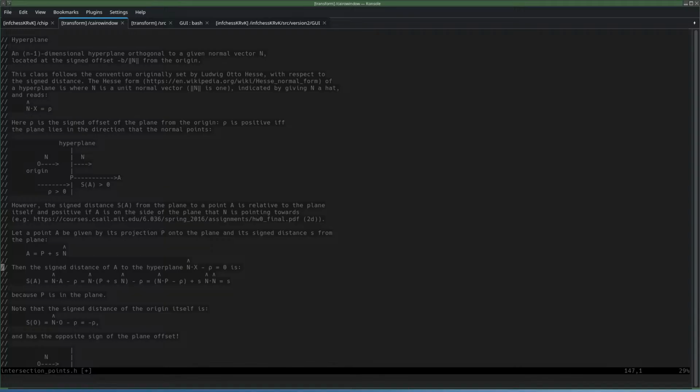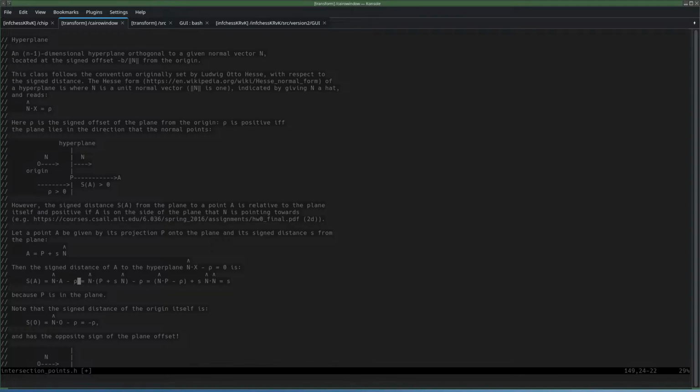Then the signed distance of A to the hyperplane n head dot x minus rho equals 0, that is the hyperplane, is S of A is n head dot A minus rho.